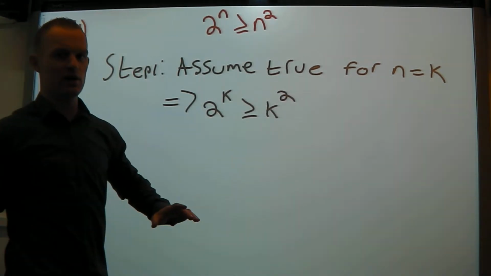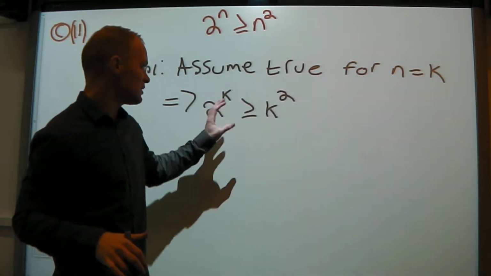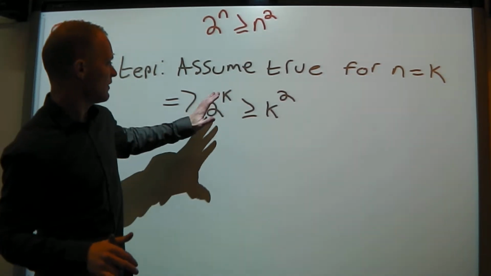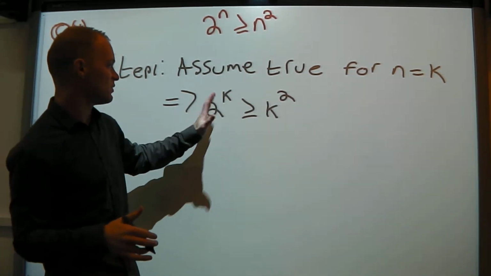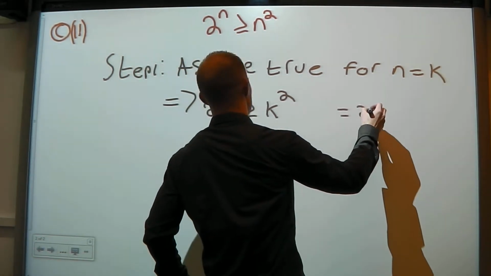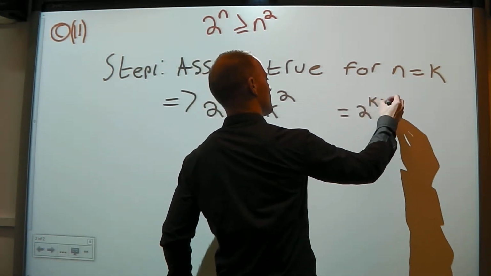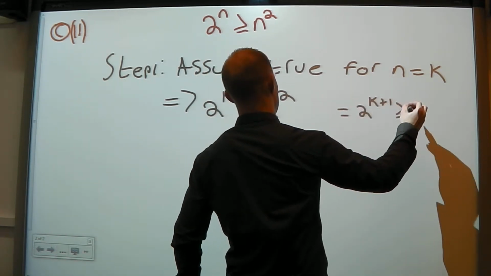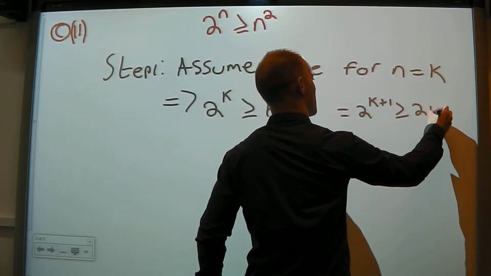Now, what we also want to do here, it will become apparent later on, is double both these terms. So if the left hand side is greater than the right hand side, then obviously twice the left hand side is still greater than the right hand side. So that implies 2 to the power of k plus 1 is greater than or equal to 2k squared.